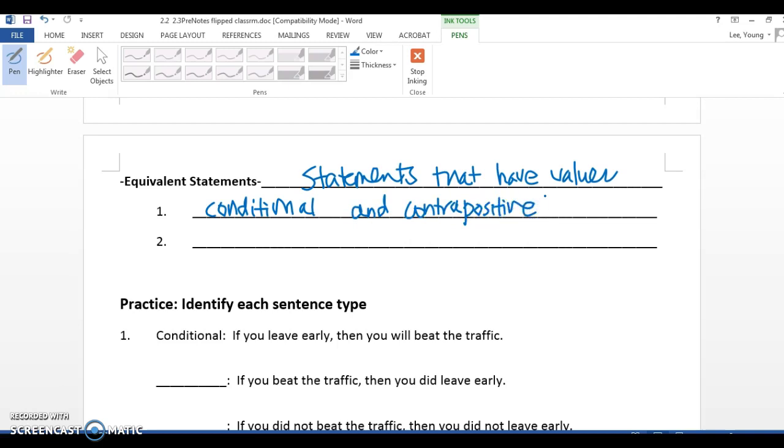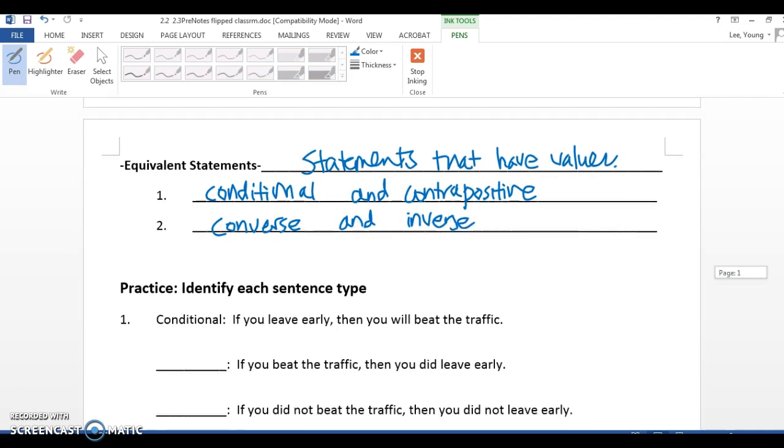So if the conditional statement is true, we know for sure the contrapositive is true. Also, the converse and the inverse have the same value.